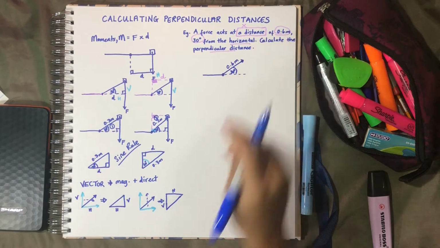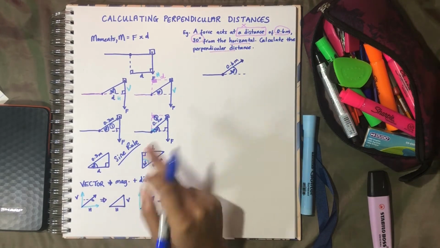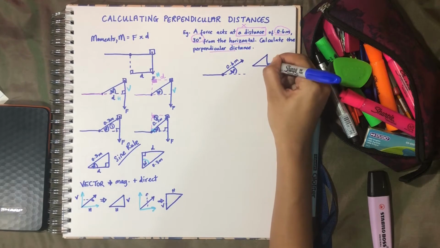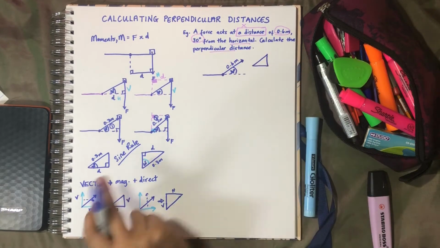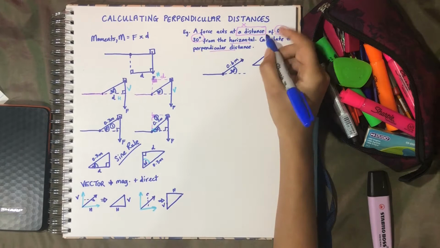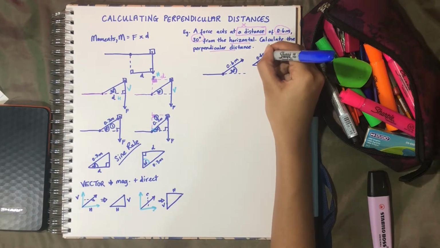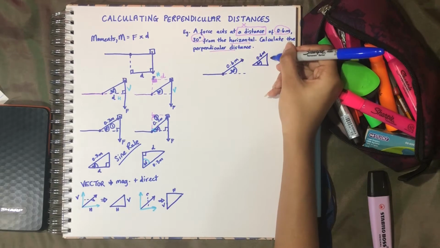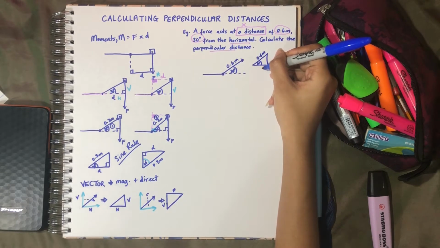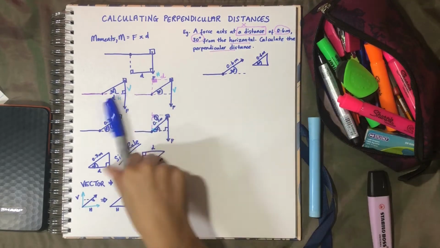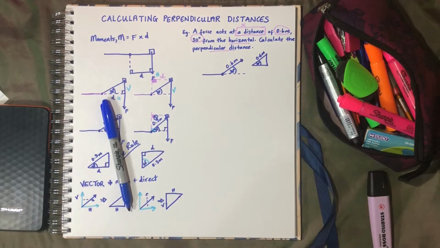So what we can do is break it down into one of these triangles. We'll do this triangle first, and then we'll go into this one. So we have 30 degrees here and 0.6 meters. You see the vertical component and the horizontal component. Now we will label it, because remember to use the sine rule.